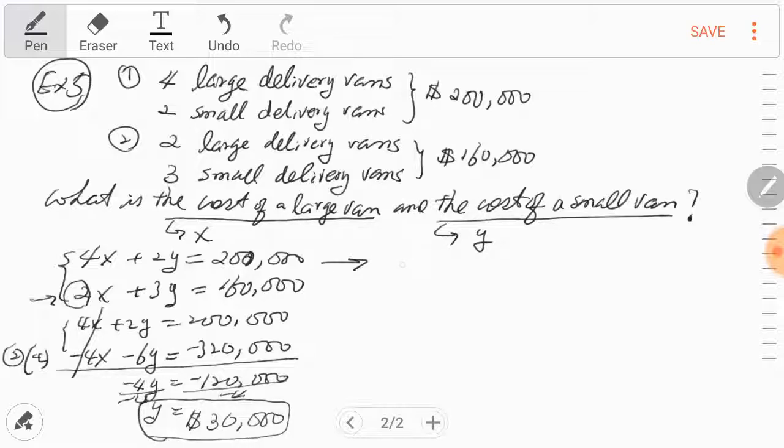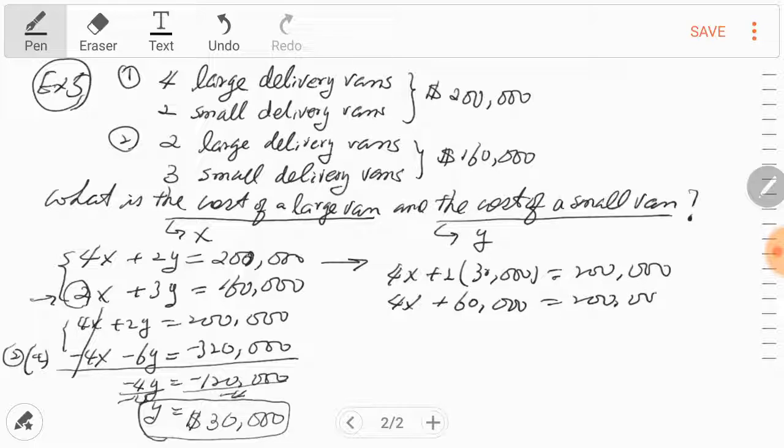Then 4x plus 2 times, okay, y is 30,000, is equal to 200,000. Then 4x plus 60,000 equals 200,000. Then 4x equals, okay, minus 60,000 each side. Then 140,000. Is that correct?